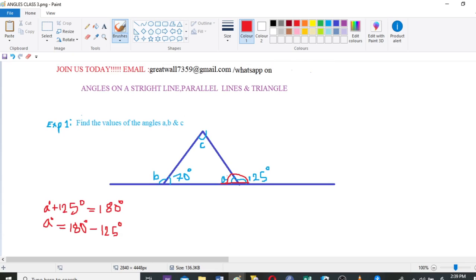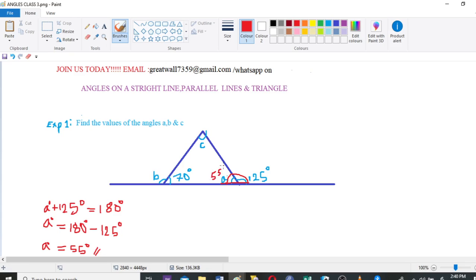That's 180 minus 125. We are getting 55 there. So the size of this angle A should be 55 degrees.